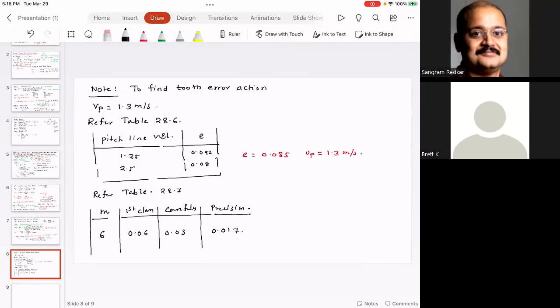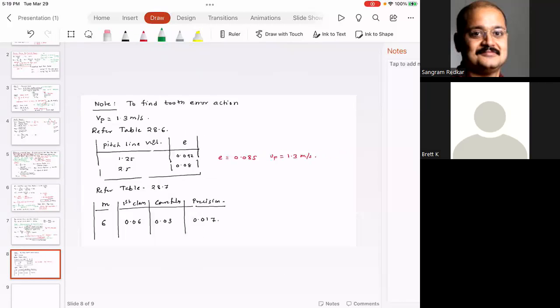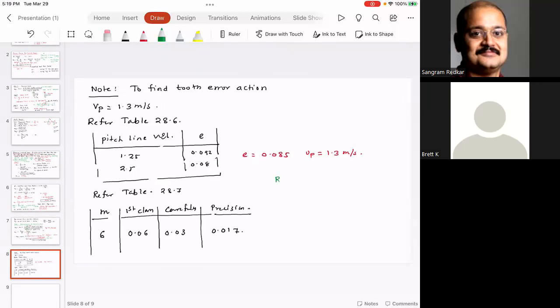So one thing I want you to think about is, there are different ways of finding out values of error correction factor. The third approach is, you can refer to table 28.5, and this is a table that we referred when we solved the previous problem. This table is dependent on material.